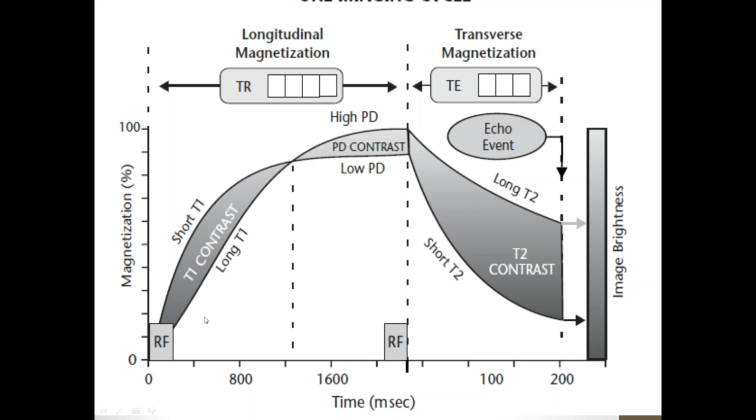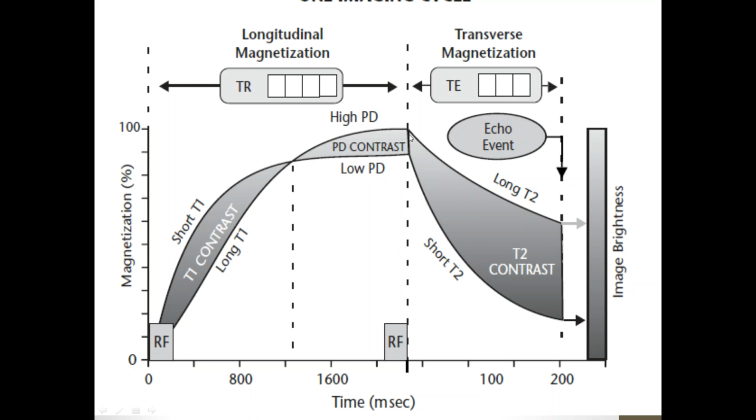Okay, so if we select the long TR, the magnetization of, for instance, water and fat will be equal here, which is coming from longitudinal magnetization. So we select the long TR, and if we select long TE, we will get a difference in T2 magnetization or transversal magnetization.